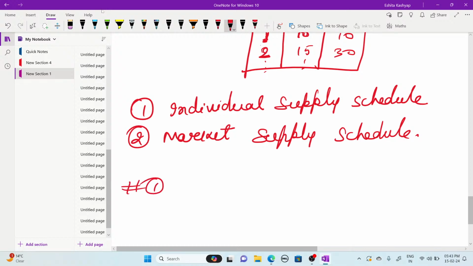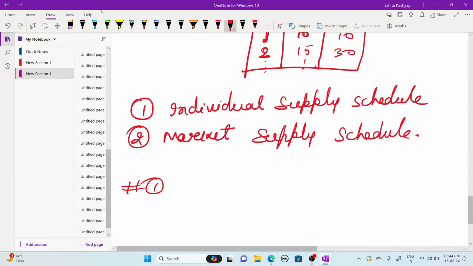In what situation can we say this is an individual supply schedule? The name itself refers to an individual, a particular entity, a single entity. Whenever a single producer is ready to sell at a particular price or at different prices, then we can say this is showing the individual supply schedule.